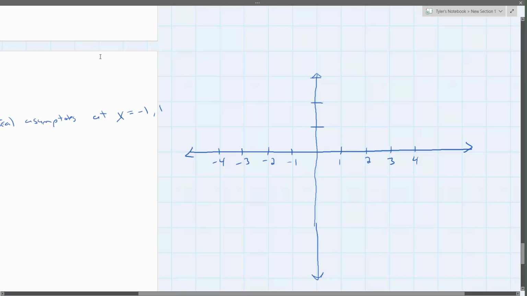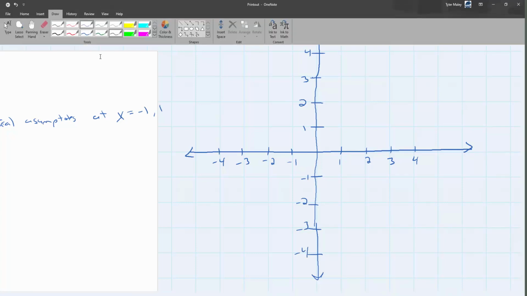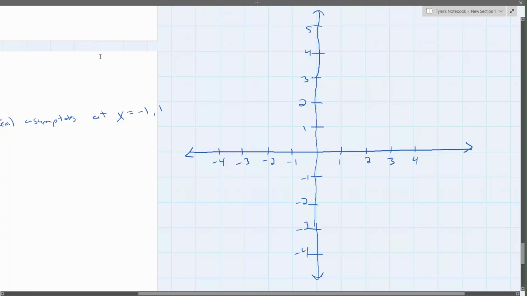I'm going to want this to come up a little more. Right? So what I've found right now is I'm going to have vertical asymptotes here.